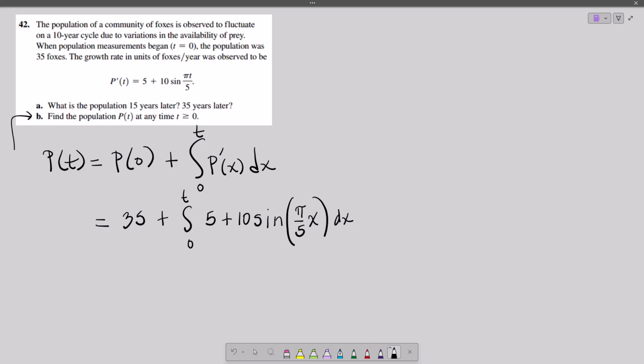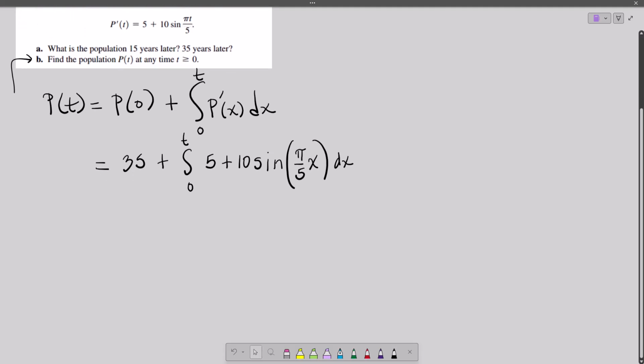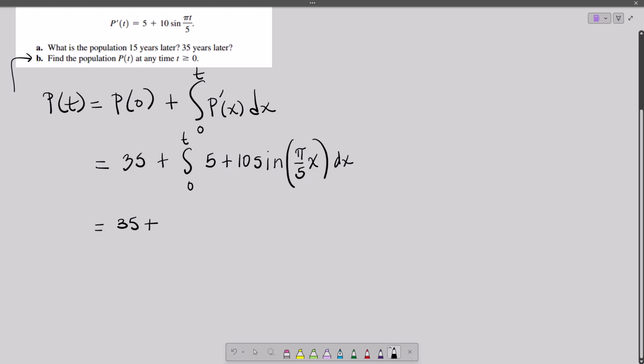It's not commingled with the denominator. You can think of that as pi over 5 times t. All right, so we've got our 35 plus, the integral of 5, which is 5. We're integrating with respect to x now, so 5x.